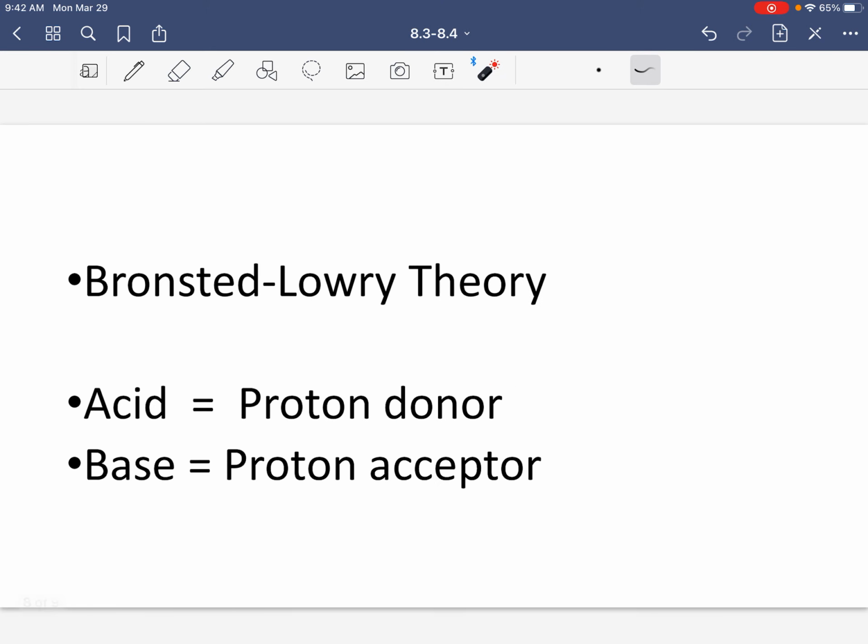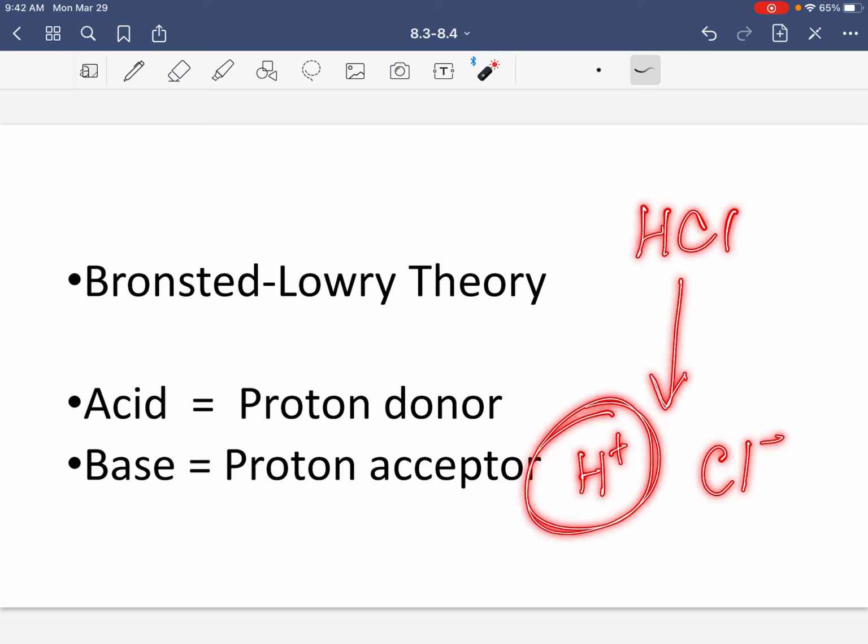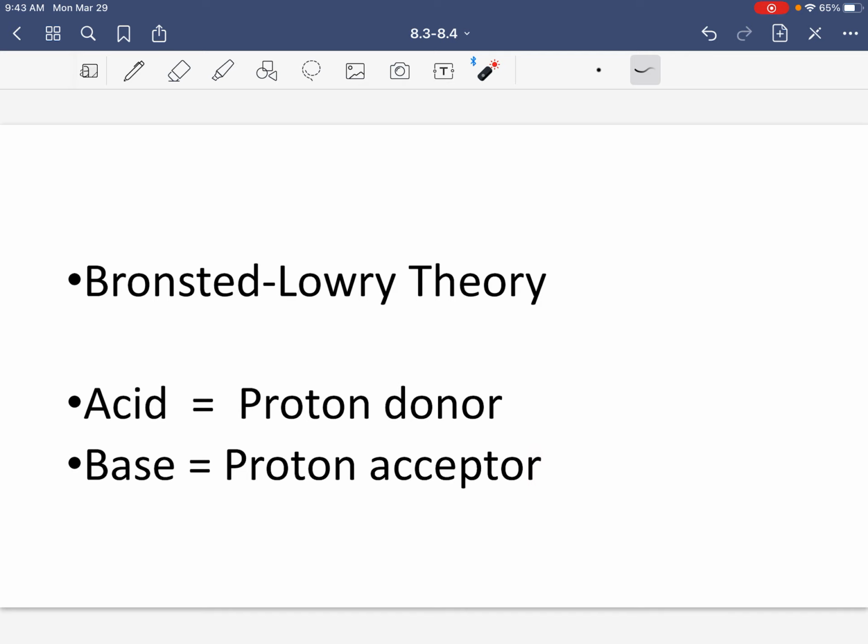Okay, there we go. Bronsted-Lowry theory. And in this theory, acid is known to be what we call a proton donor. So when you take an acid and you drop it in water, it gives you H plus and Cl minus. As you can see, acid is a proton donating thing.